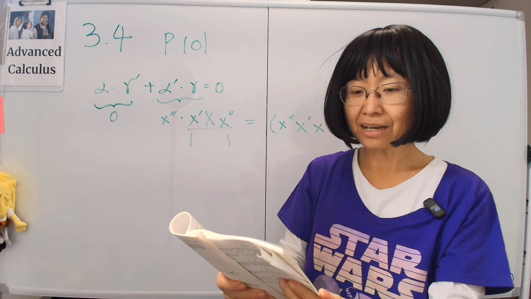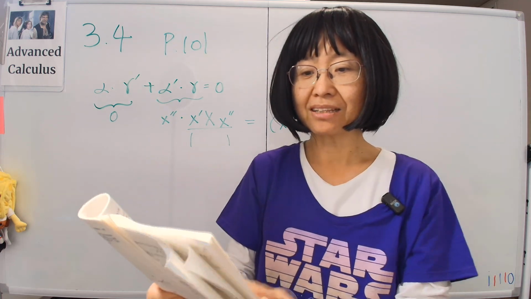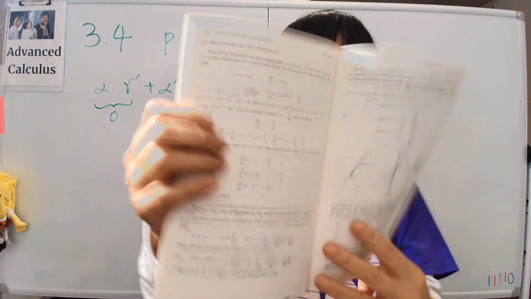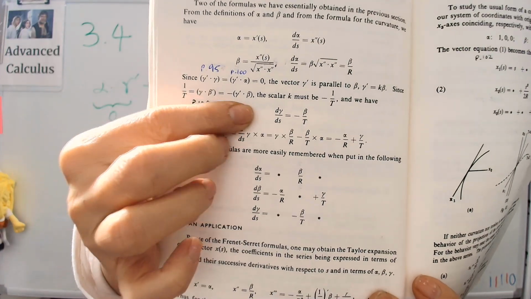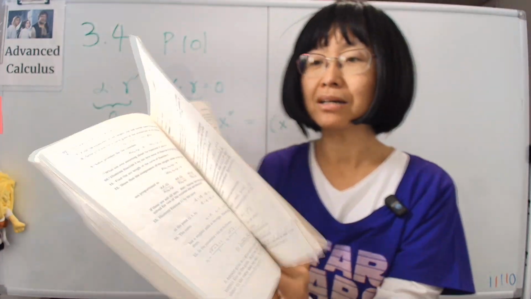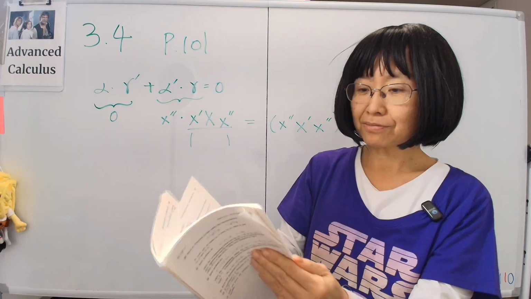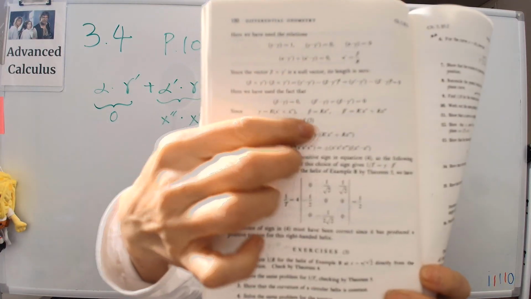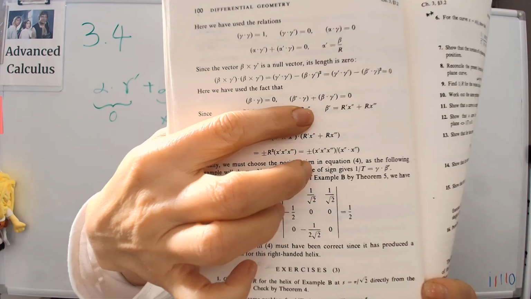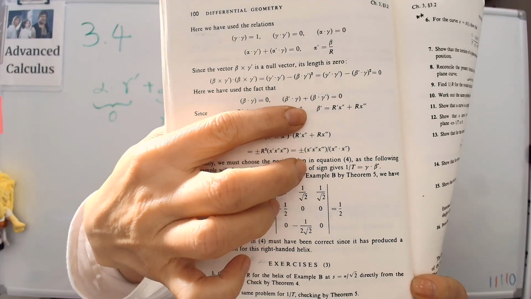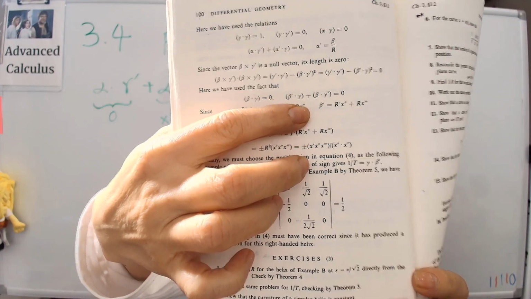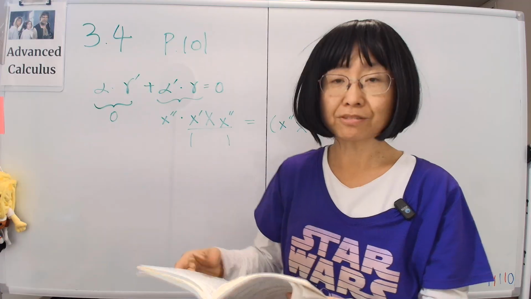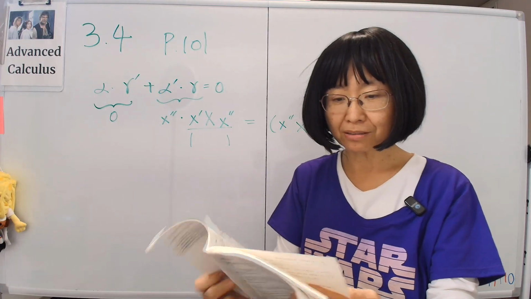So as a result, 1 over t is equal to the negative. If 1 over t equals this thing, it also equals the negative of that. Why? Because if you look at page 100, there's that equation right here, which just means we took the derivative: beta prime dot gamma plus beta dot gamma prime equals 0, because you took the derivative of the dot product of beta dot gamma.